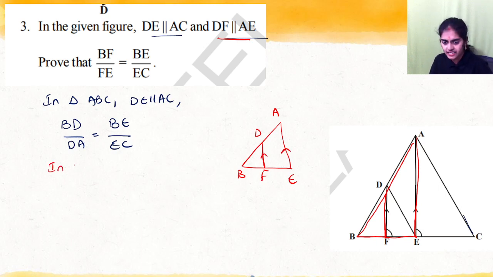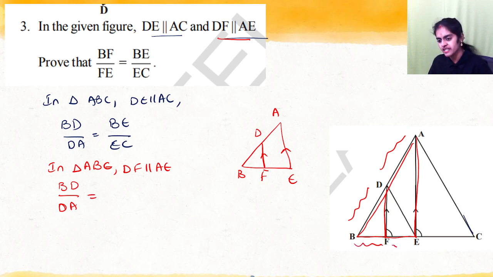So which triangle? In triangle ABE. See the triangle which I have taken, ABE. DF is given parallel to AE. So when it is parallel, I can take BD by AD. Again, what can I take? BD by DA is equal to BF by FE. If I take this as equation 1, and this as equation 2.